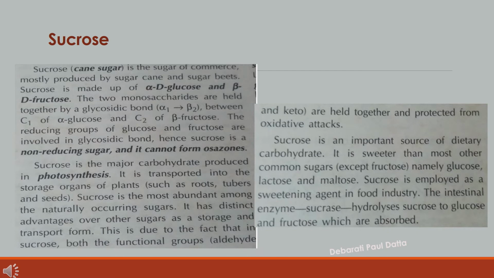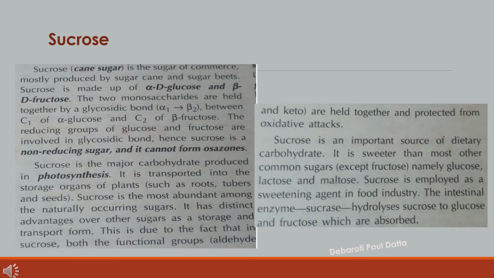This bond is between C1 of alpha glucose and C2 of beta fructose. In sucrose, the reducing groups of glucose and fructose are involved in the glycosidic bond. That is why sucrose is a non-reducing sugar and it cannot form any osazone.